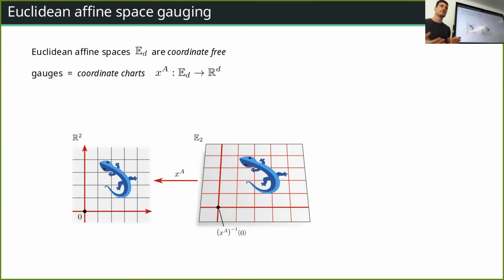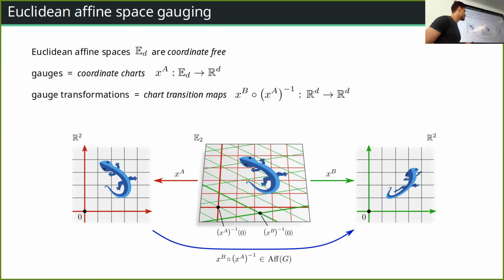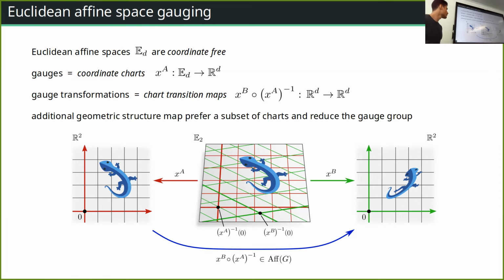The pixel grid or chart you choose is really a choice which is being made, and you have to be aware of that. And of course, you could again choose a different coordinate chart or pixel grid, and then you also get a gauge transformation between them, or chart transition map, as it's called in this case.